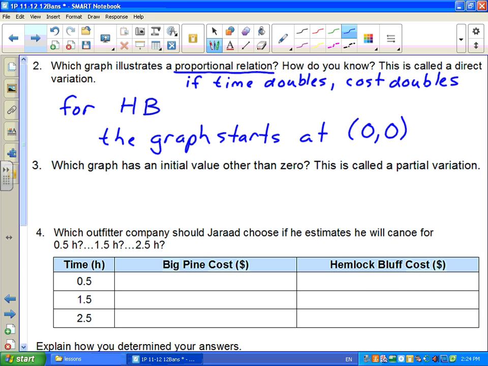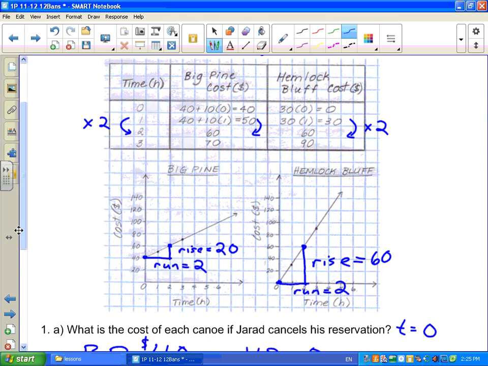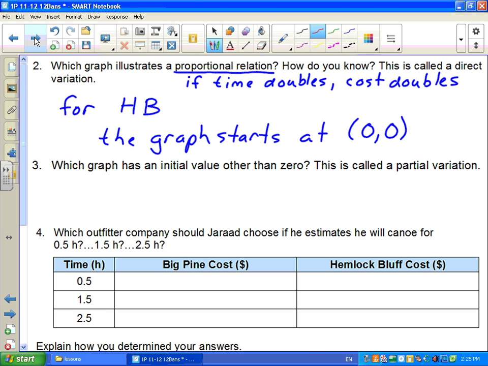And this brings us to question 3 here. Which graph has an initial value other than 0? Well, if we look back at our two graphs here, we've already said Hemlock Bluff starts at 0, 0, right here. The other one starts at not 0, 0, but 0, 40. So which graph has an initial value other than 0?